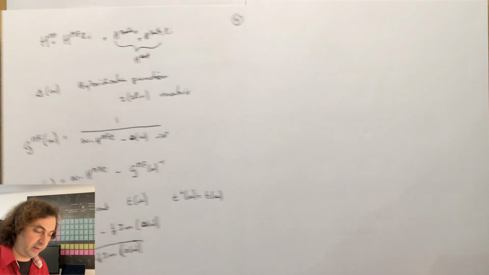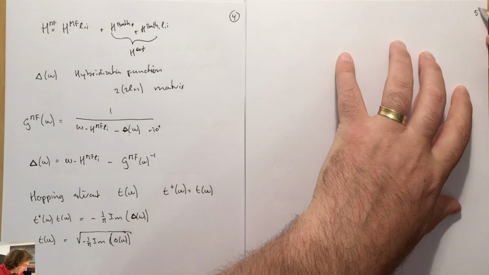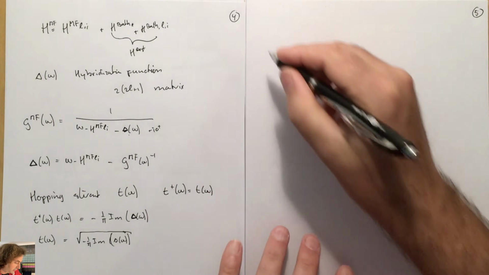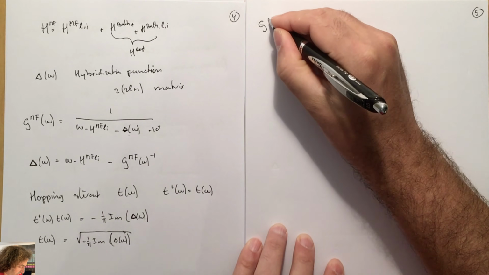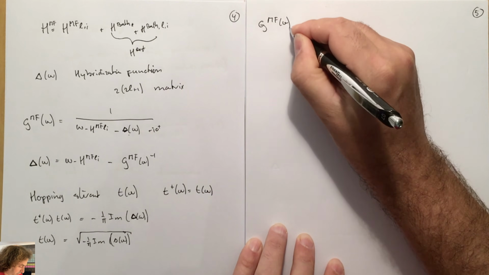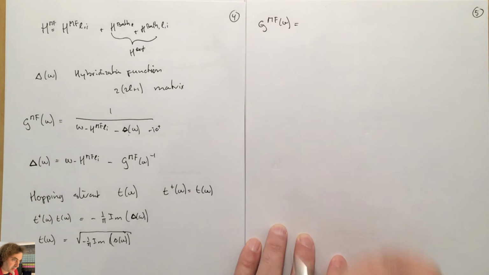Now, why do we define this as a hopping amplitude? That becomes clear if we look at our original mean field approximated Green's function.